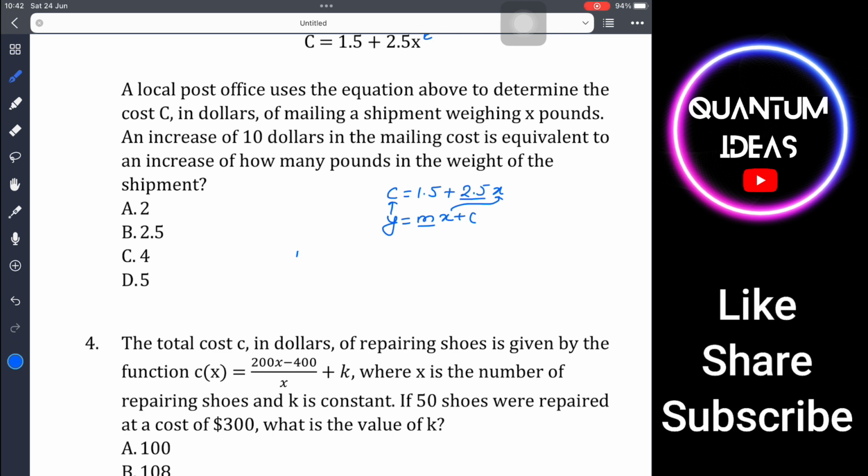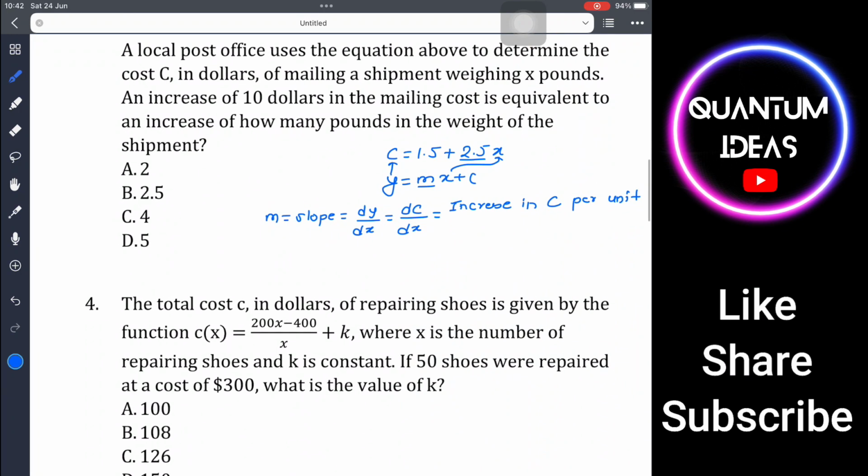What is slope? Slope m is equal to dy by dx. In our case we have dc by dx. This means the increase in c per unit change in x.